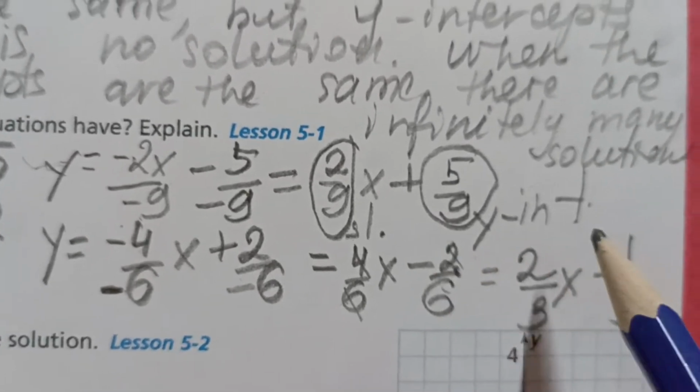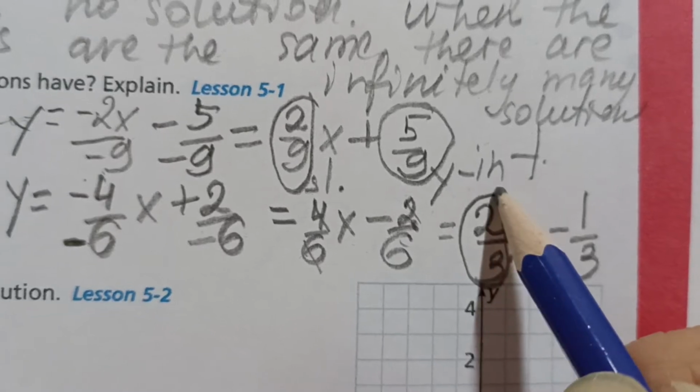We just simplify this. And here you see the slope is 2 over 3.